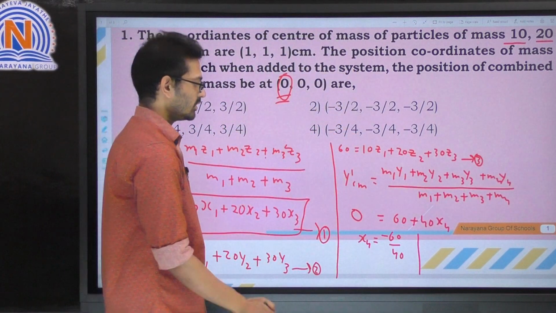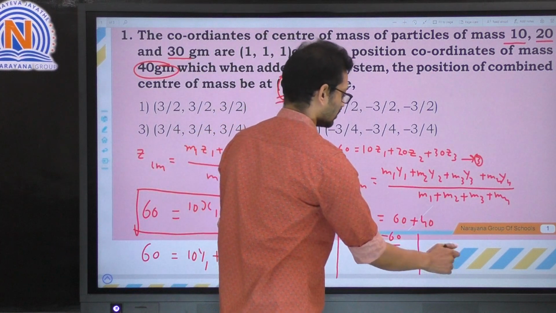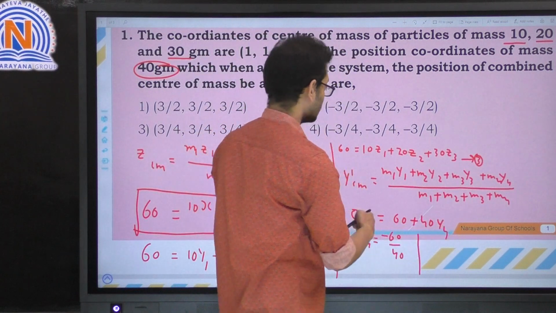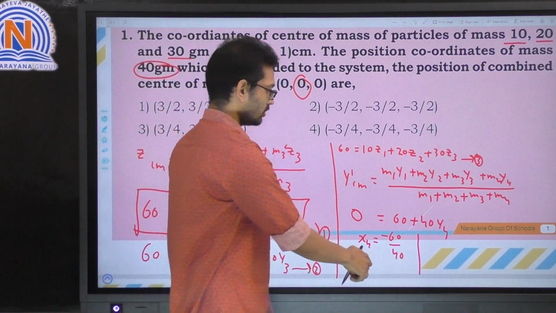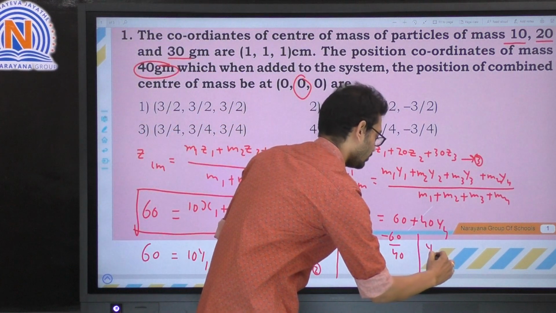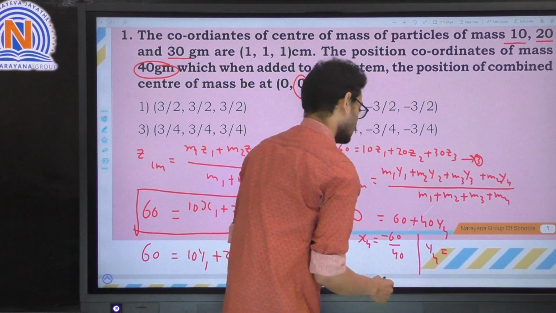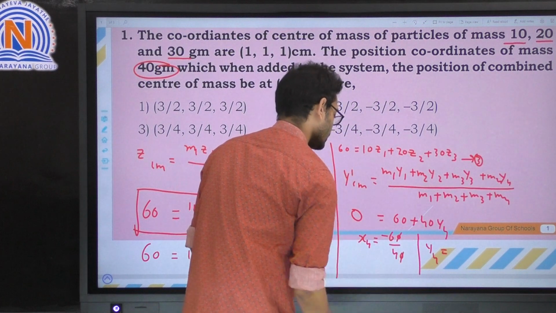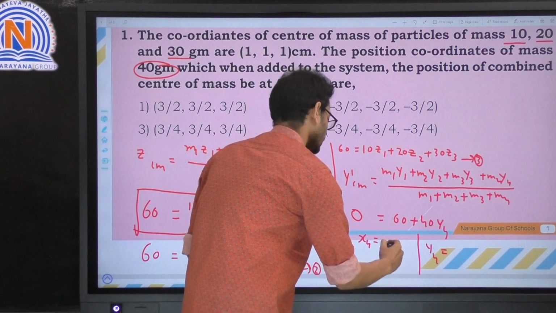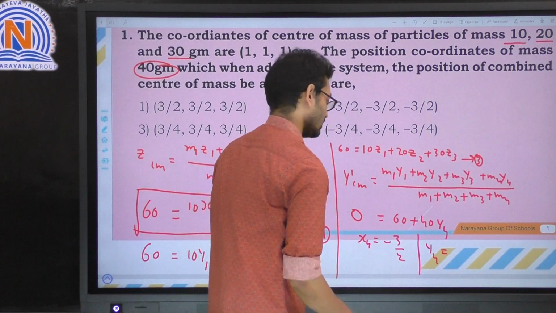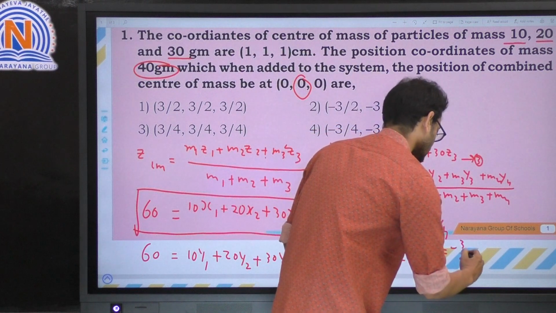So now what happens if you substitute it in the same way? Again you are going to get y4, because this is also 0, y is also 0. So 0, you will be getting y4 is equal to minus 60 by 4, I forgot to solve it. So if you solve it, you will be getting minus 3 by 2. Right, minus 3 by 2 is your answer. This is also going to be minus 3 by 2.